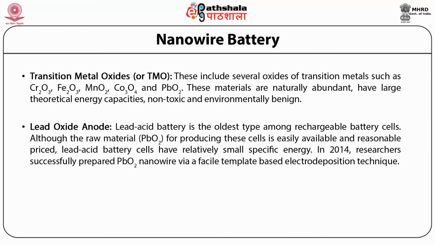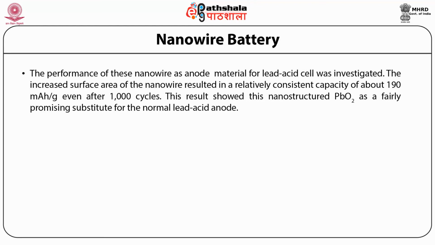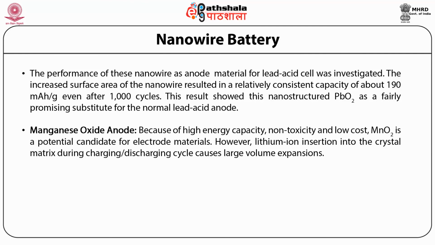The performance of these nanowires as anode material for lead acid cells was investigated. The increased surface area of the nanowire resulted in a relatively consistent capacity of about 190 mAh per gram even after 1000 cycles. This result showed this nanostructured lead iodide as a fairly promising substitute for the normal lead acid anode.